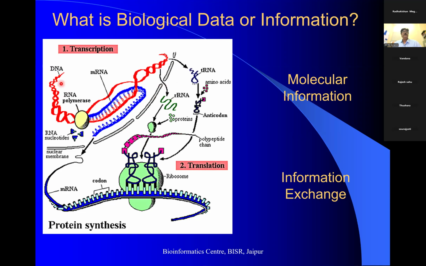This DNA expresses first through transcription, where a small region of the DNA gets locally unwound, and then the RNA polymerase builds a transcript complementary to the DNA bases.